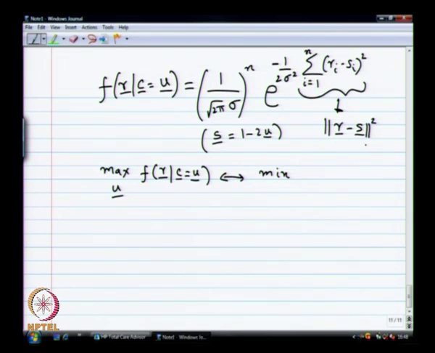This is the Euclidean distance between the vector r and the vector s. So we minimize the squared distance of r minus s over u, with s being 1 minus 2u. What is u? U is in the code. I should write that down.